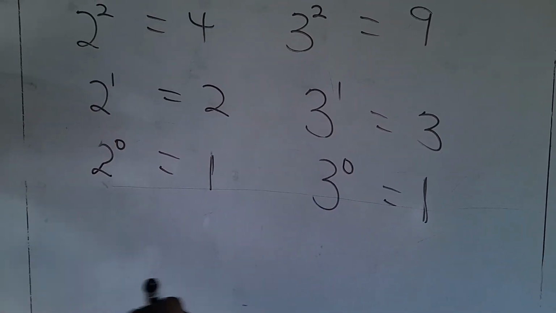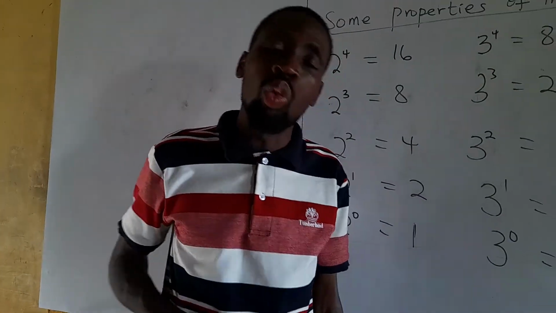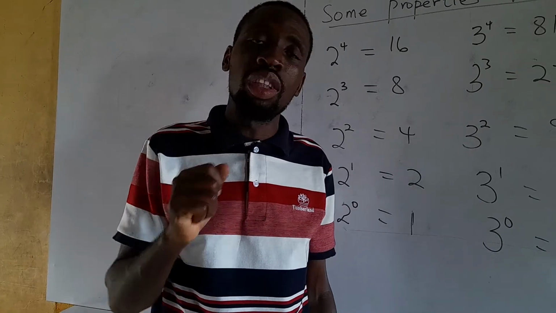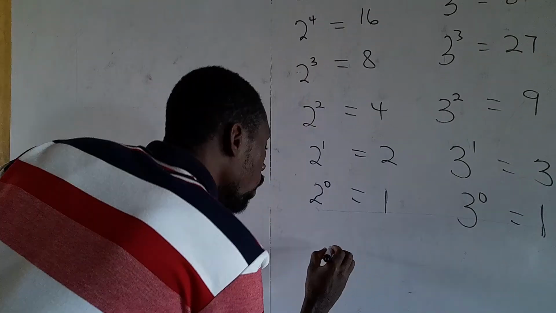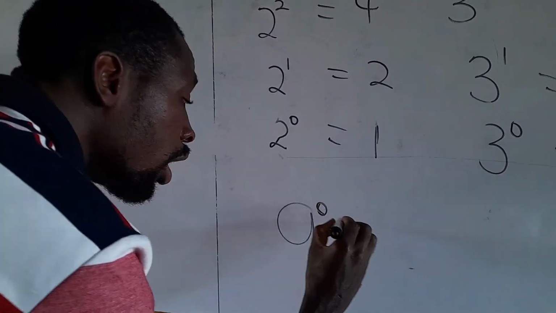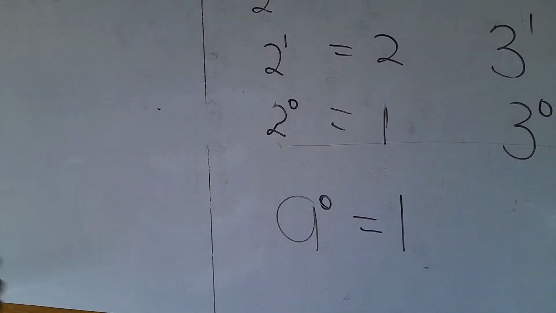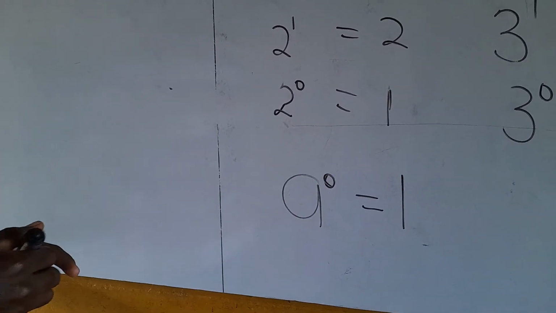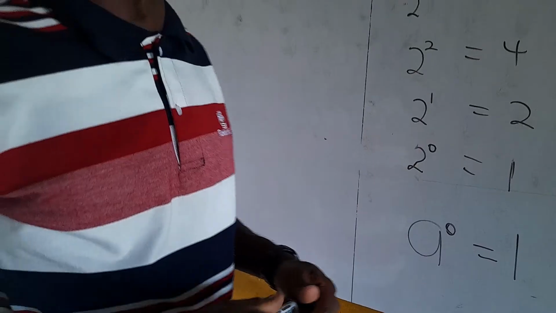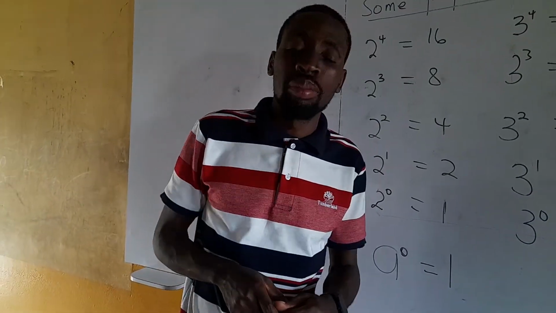What is the meaning? It implies that any number exponent 0 is 1. So we can conclude that a exponent 0 is equal to 1. It's a basic property. Please take notice of it. Any number exponent 0 is 1.